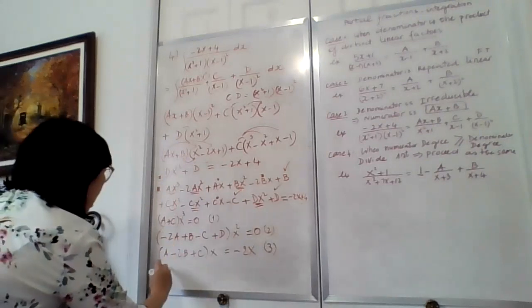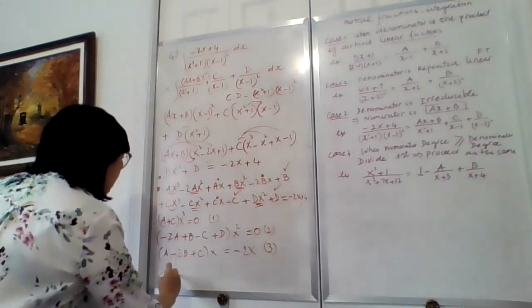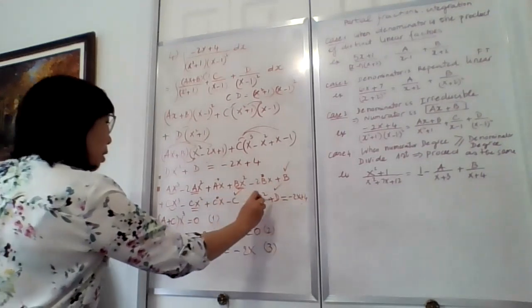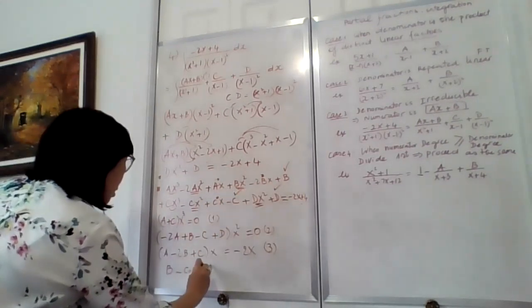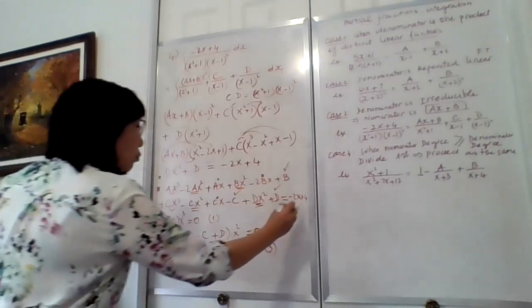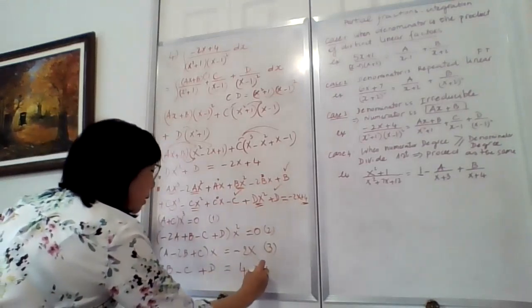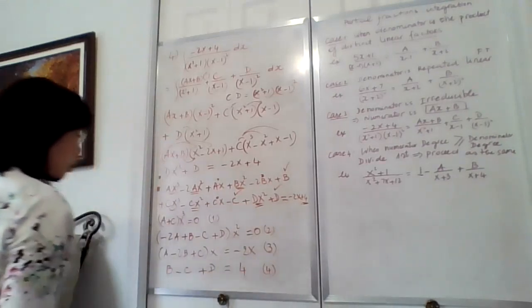So now I'm going to say B plus B minus C plus D is the constant. And these constants add up will give us the constant term here, equal 4. And I mark this as the fourth equation.